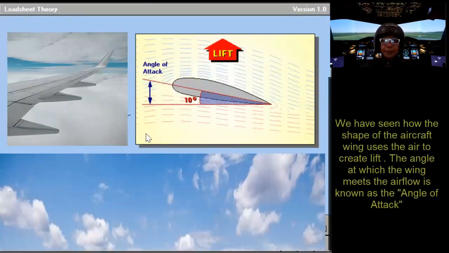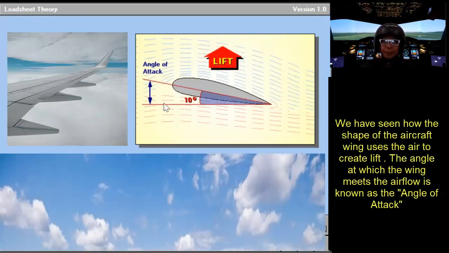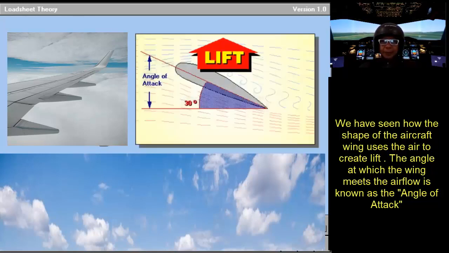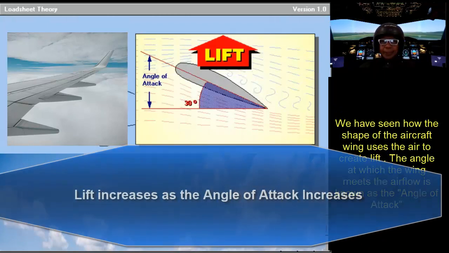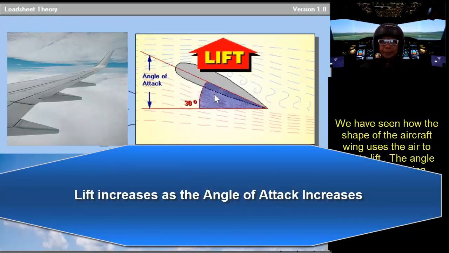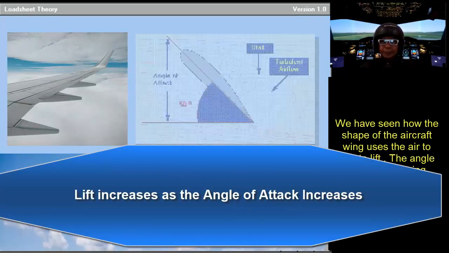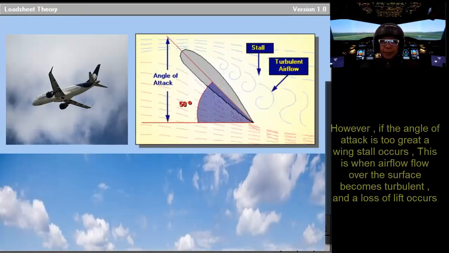And now we have seen how the shape of the aircraft wing uses the air to create lift. The angle at which the wing meets the airflow is known as the angle of attack. Angle of attack here is 10 degrees. And lift increases as the angle of attack increases.